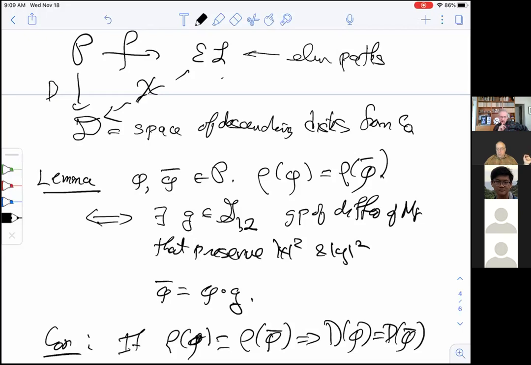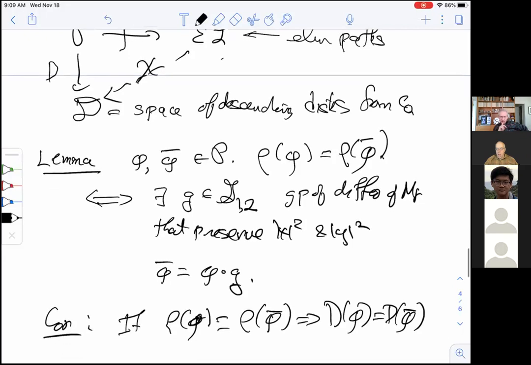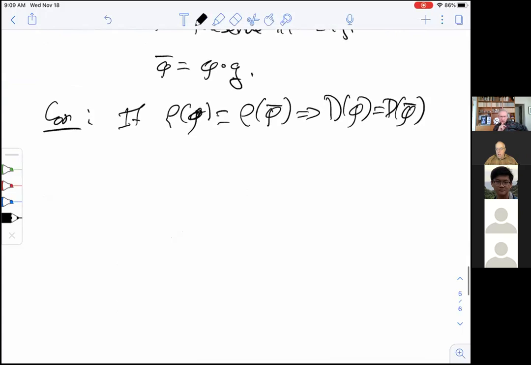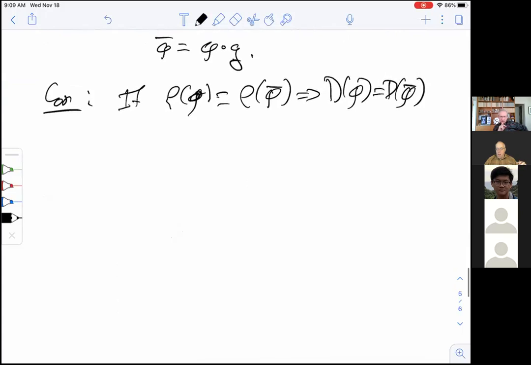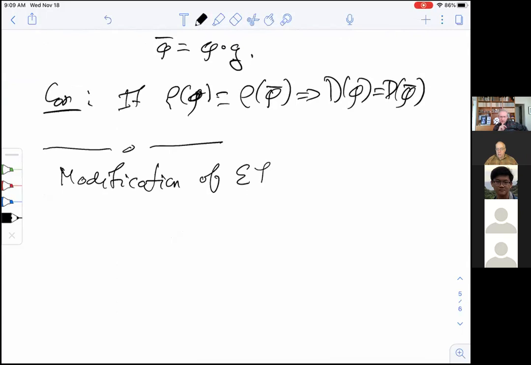The space of elementary paths that cross P levels is homotopy equivalent by this map to the space of descending disks from the critical point that pass P levels. But we have to do this modification of E. And I'll tell you why, and then I'll briefly give you the proof. Modification of EL.